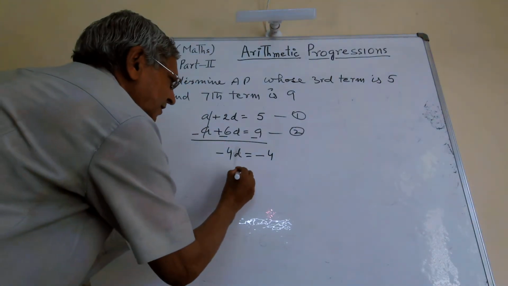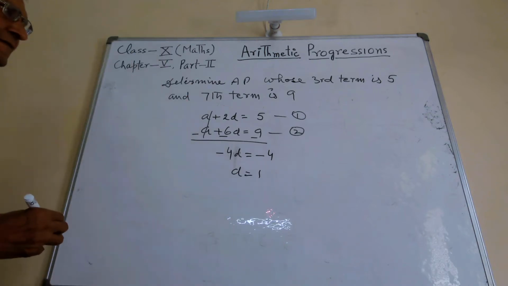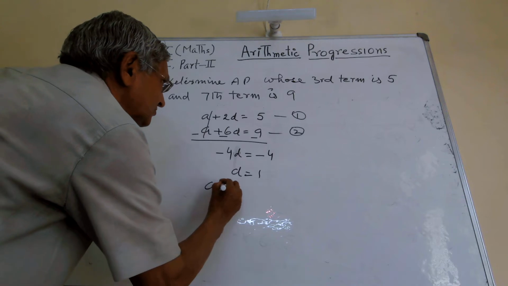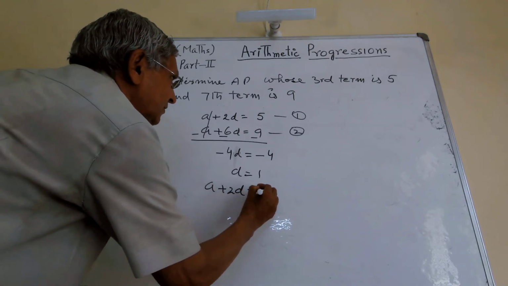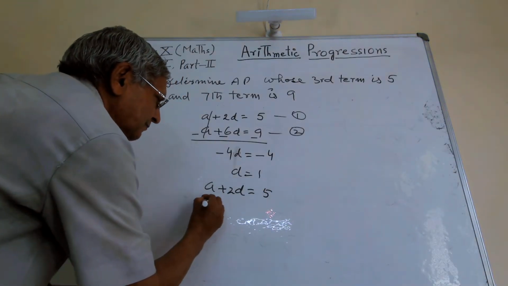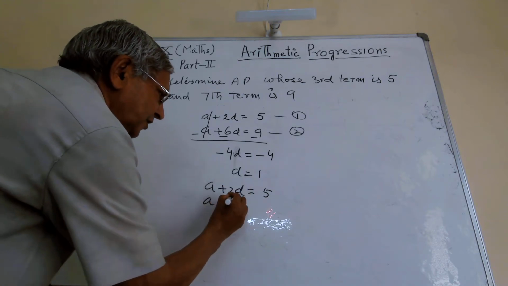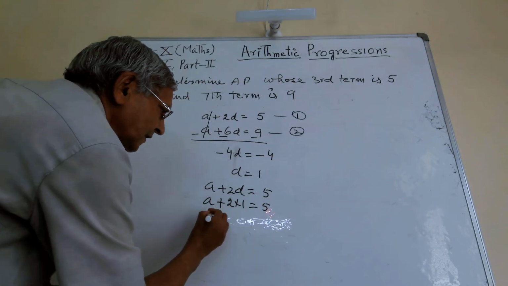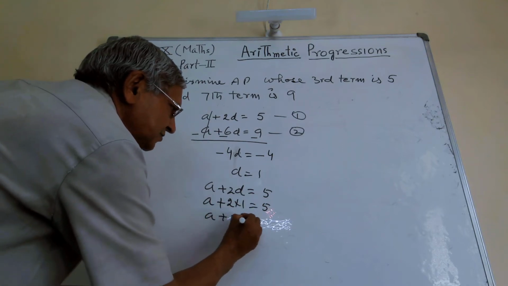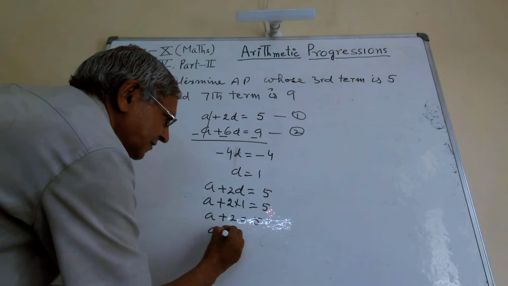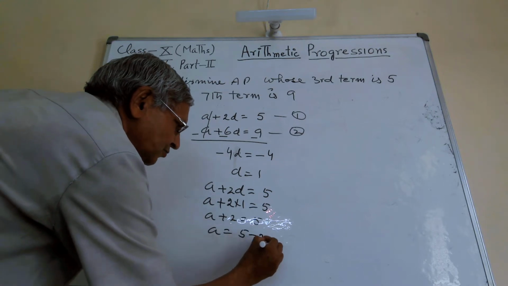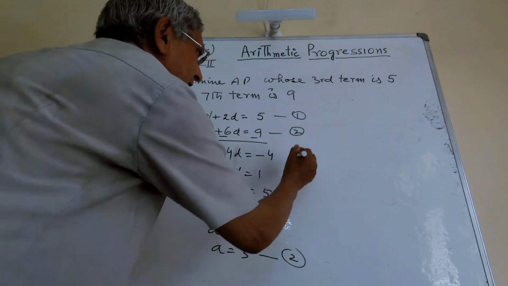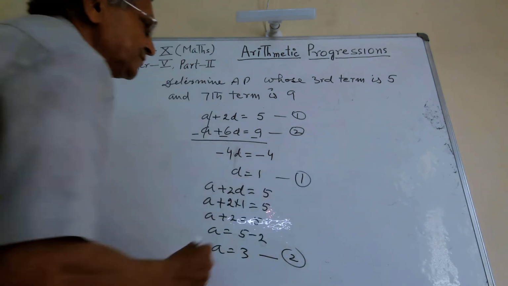And d is equal to 1. Now taking the first equation, a plus 2d is equal to 5. By putting the value of d in the first, a plus 2 into 1 is equal to 5, a plus 2 is equal to 5, a is equal to 5 minus 2, and a is equal to 3. This is the second value and this is the first value.